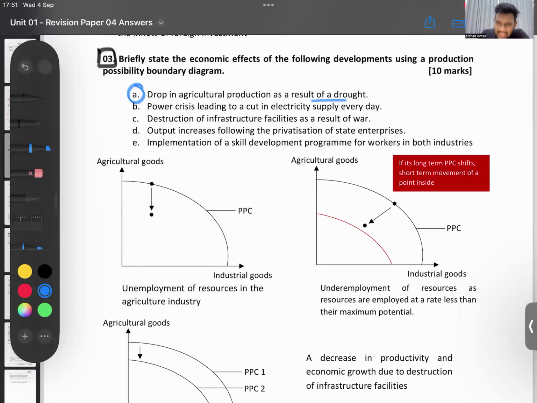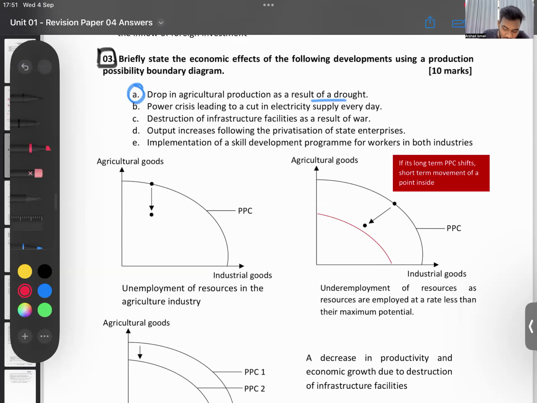But that's not what they're saying. The question is saying there is a drop in agriculture production, so that's more like a temporary thing. Right now, for these 6 months, there has been a drought, so agriculture production has come down. Then it might increase again. But if they say there has been a persistent, consistent drought, then you can shift.